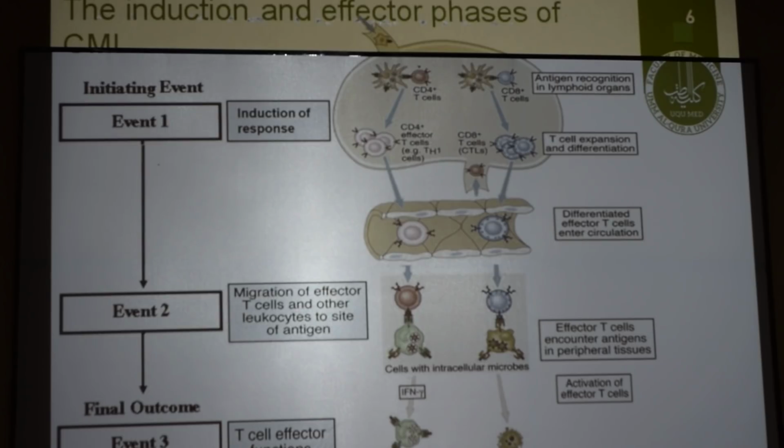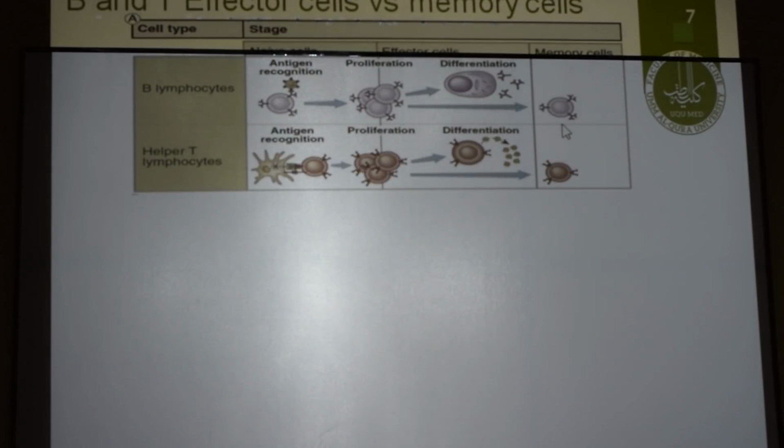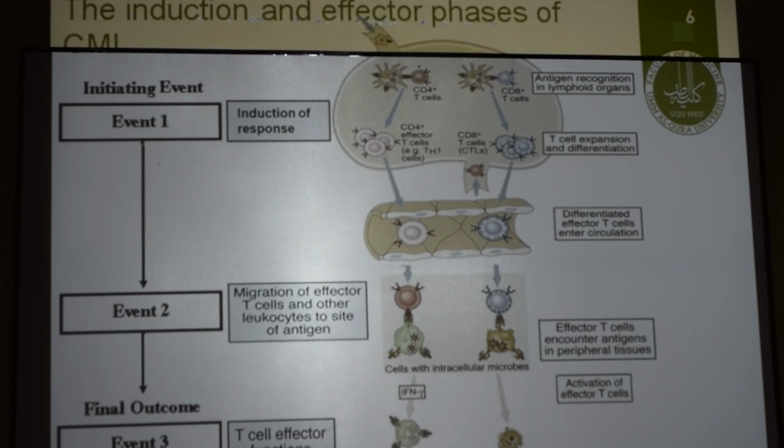So we now have two examples going on. On one side we have the intracellular pathogen, which is dealt with by MHC class 1 and CD8. Is it clear? So this one is the extracellular pathogen.